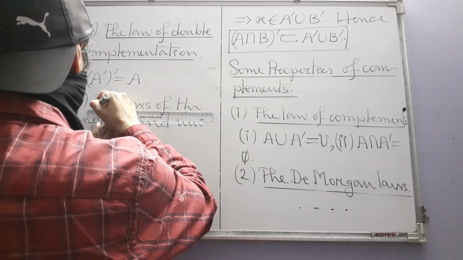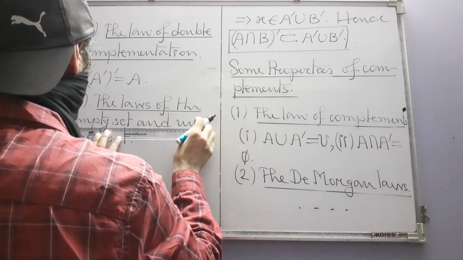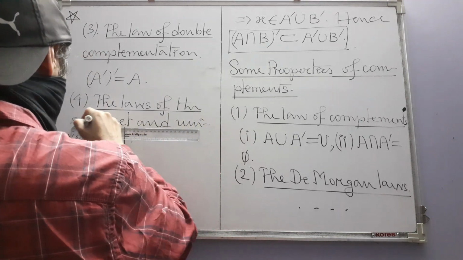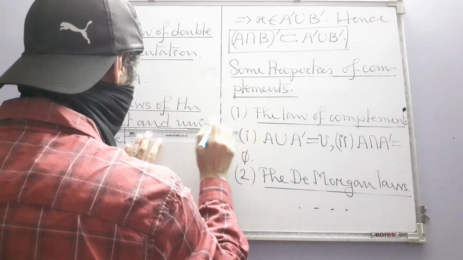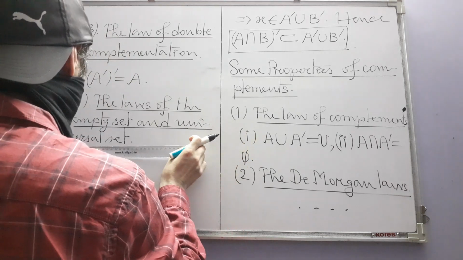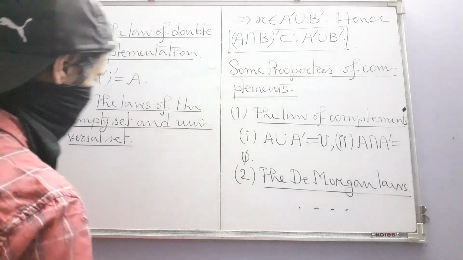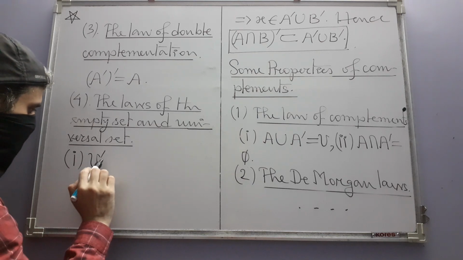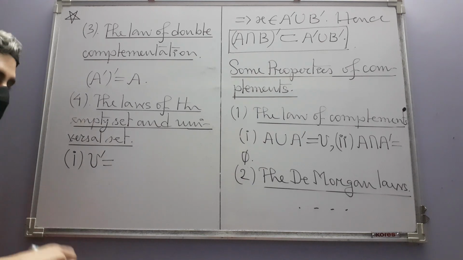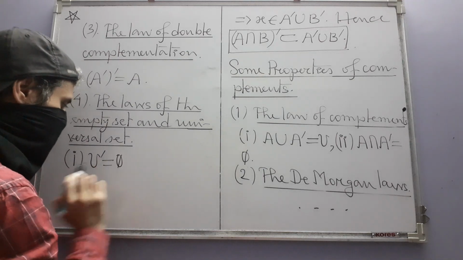And this last one says that if you take the complement of the universal set, the universal set in a given discussion, again, I am stressing this again and again because keep in mind, unlike the empty set which is unique, there is no unique largest universal set. If you take the complement of the universal set in itself, the complement of U in U, then you get the empty set.